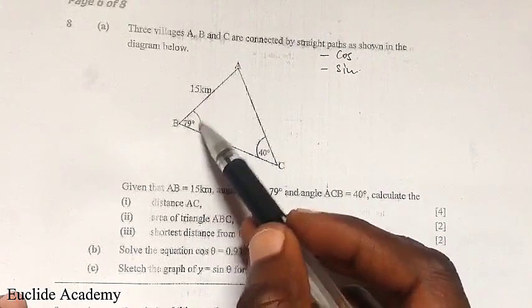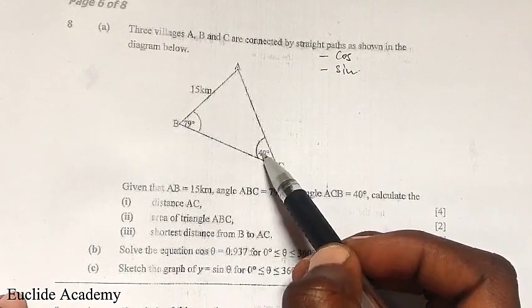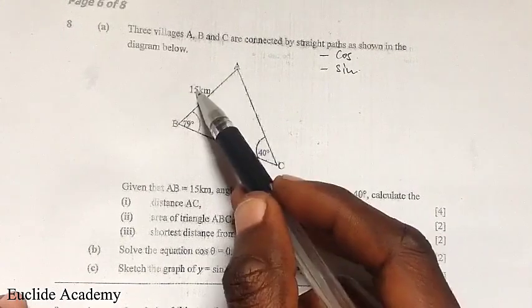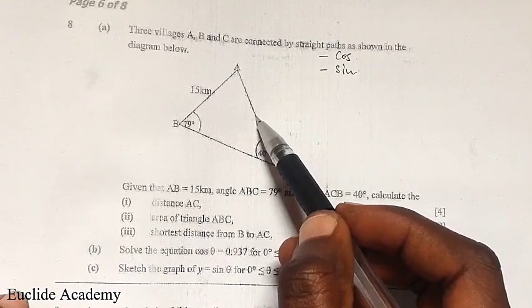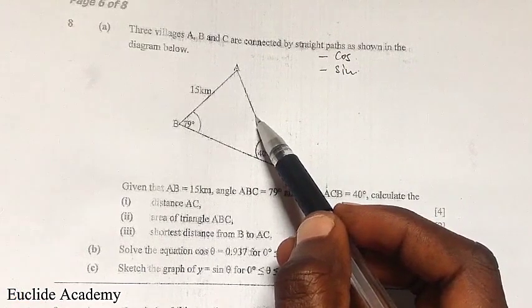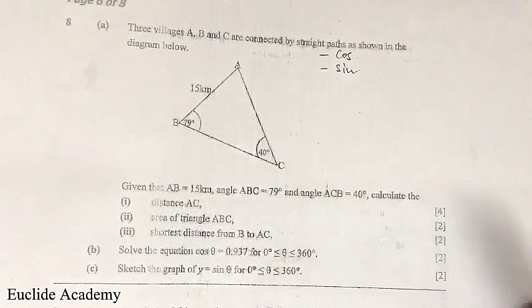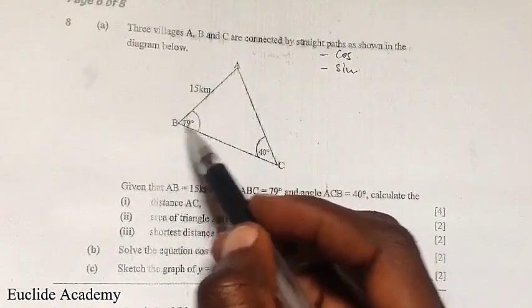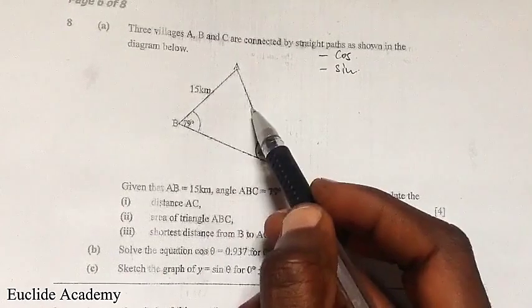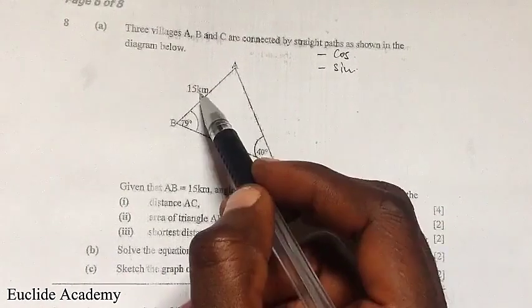This angle corresponds to that side, and this angle corresponds to that side. So from here we can see that we can use the sine function to help us find AC, because this is related to this side and this is related to that side.